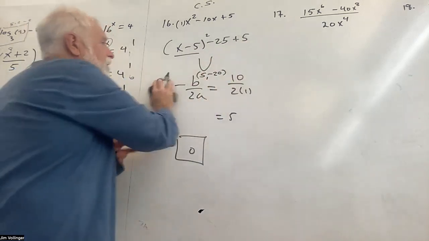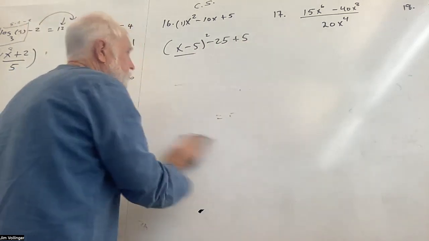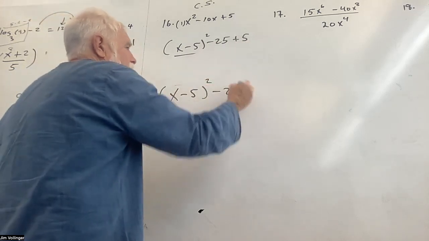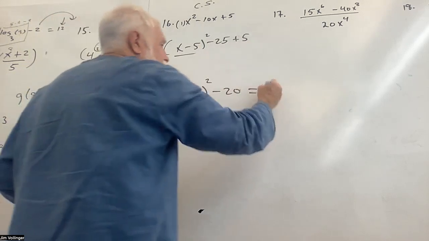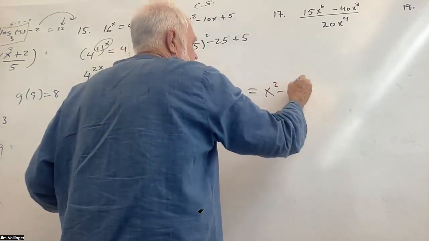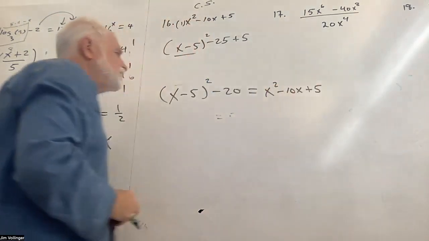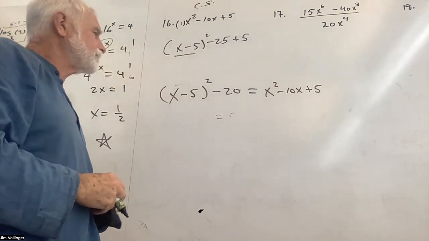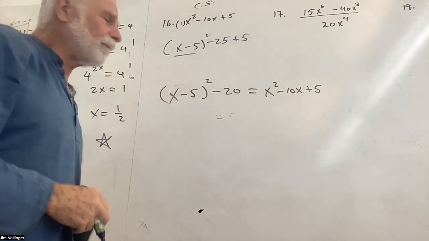So the final answer should be x minus 5 squared minus 20, which is the same thing as x squared minus 10x plus 5. Geez, I wonder how we can check this. Can't imagine how we can check this. Oh, that's right, put a number in.